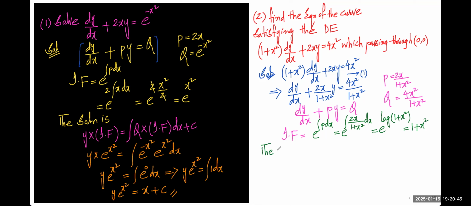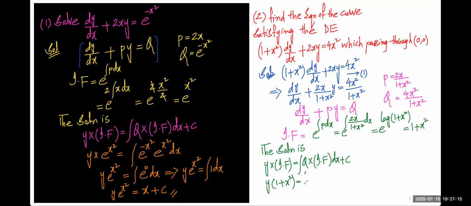The solution is y into integrating factor is equals to integral Q into integrating factor dx plus C. So y is y only. Integrating factor we got it as 1 plus x square here.